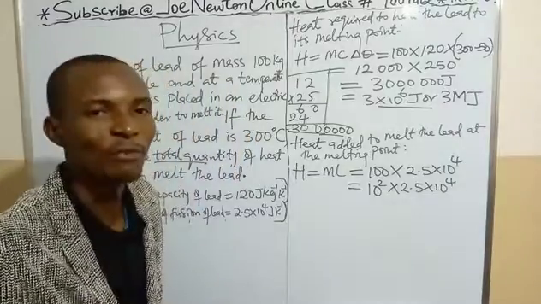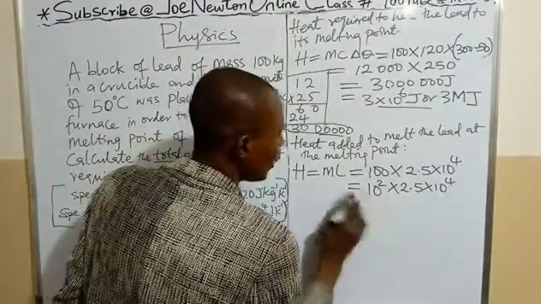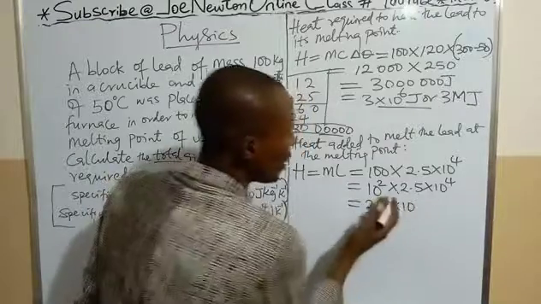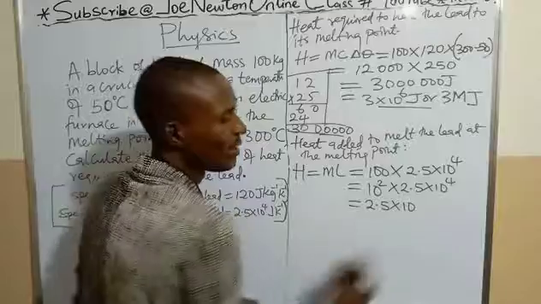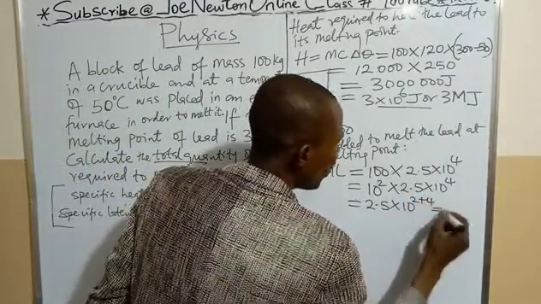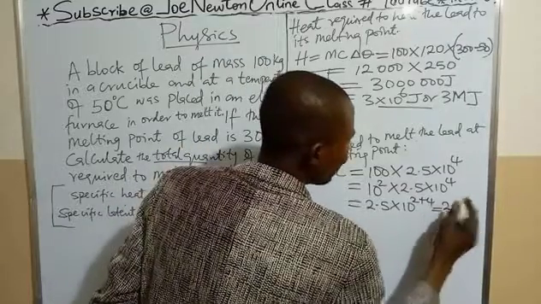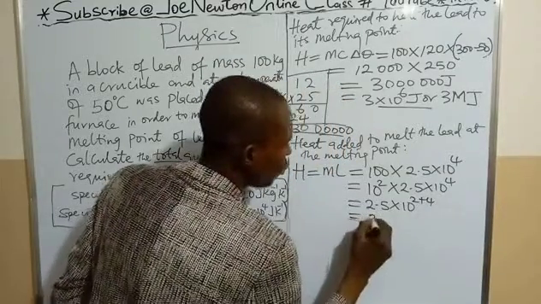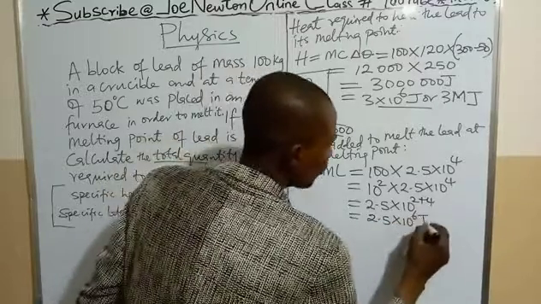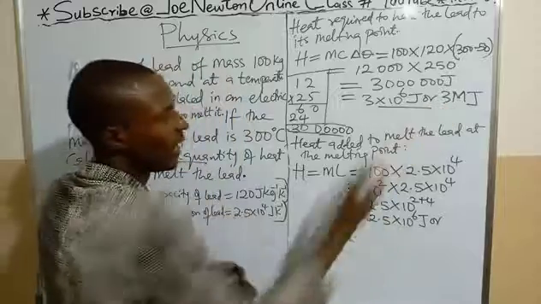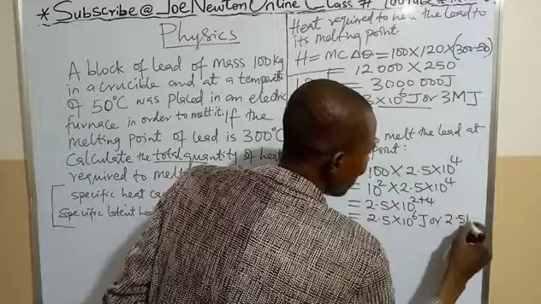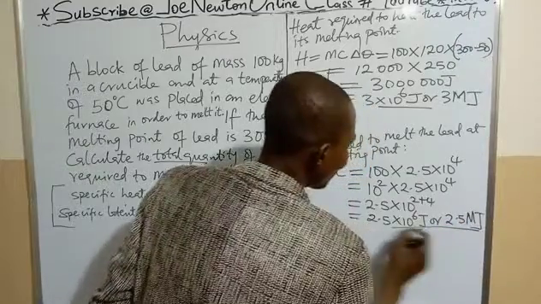Then following the law of indices here, it will now become 2.5 times 10, you take one of these tens and add the power. That is the law of indices in multiplication. 2 plus 4, which will give you 2.5 times 10 raised to the power of 6 joules. Or, remember what we did here, if you want to change it to mega, it is up to million, or 2.5 megajoules. So that is it.